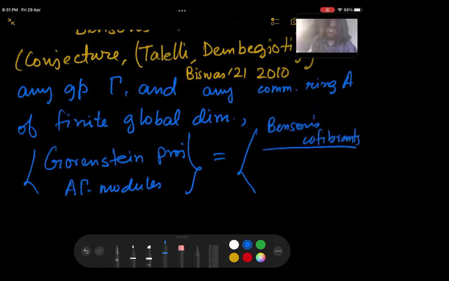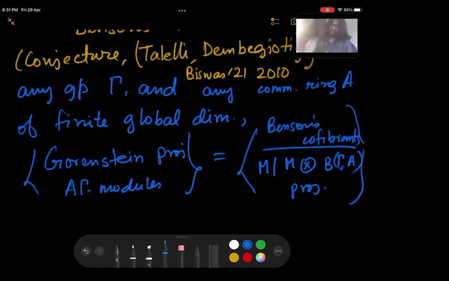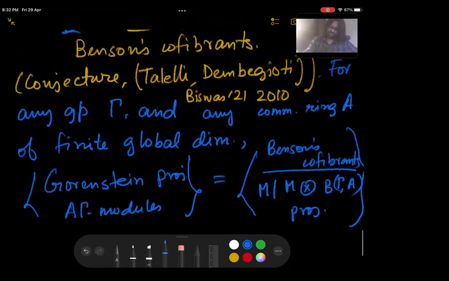Since it's not on the screen, I'm going to write it out. It means all modules M such that M tensor B gamma A is projective. And this is a very useful and handy conjecture. The reason being that Gorenstein projective modules often are not very easy to handle, in the sense that it is not very easy to characterize them completely in many cases.